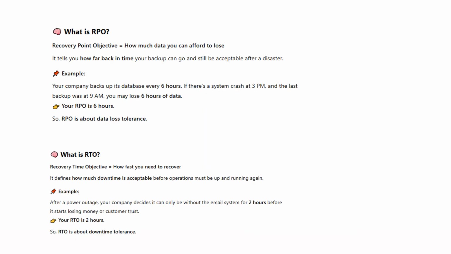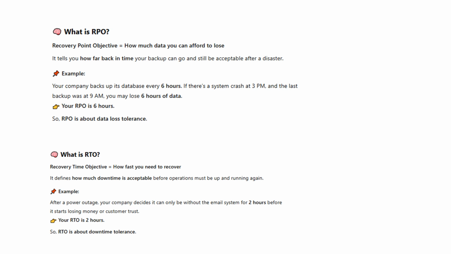Both RPO and RTO are two very important concepts that will definitely be in the exam. So it's important that you understand exactly what they mean. So again, RPO, which is the recovery point objective, is basically how much data can you afford to lose.